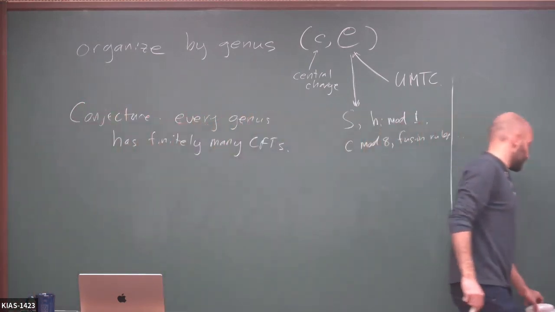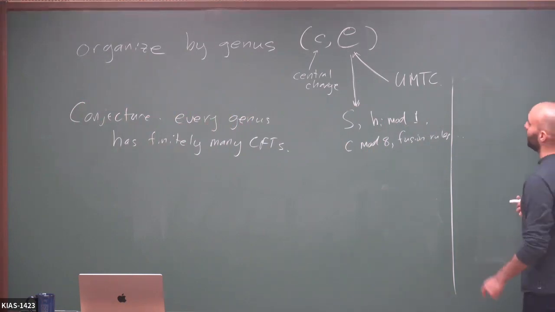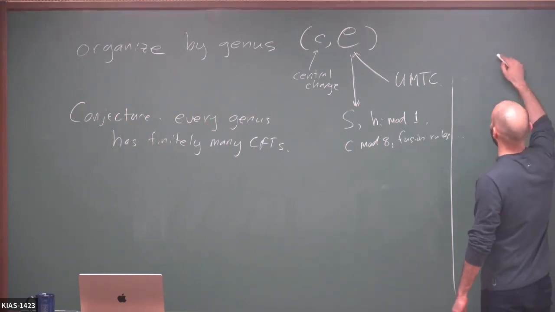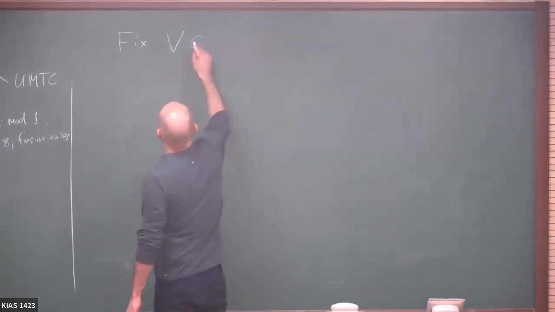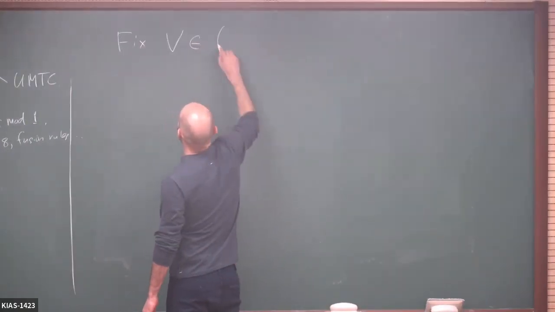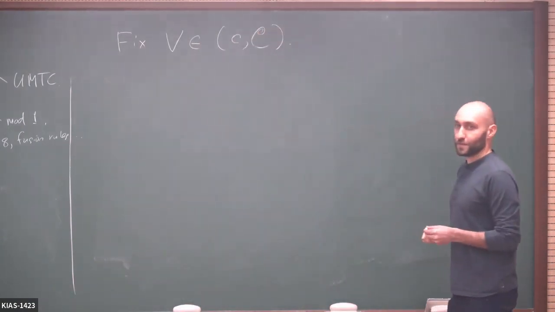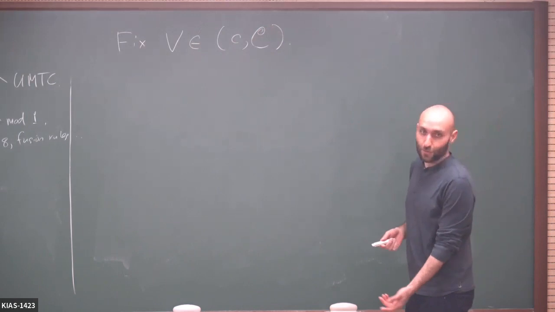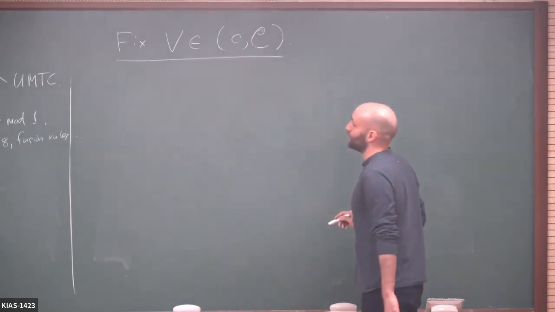So let me describe to you how to classify theories in a given genus under suitable conditions. So this will be the meat of the talk. So fix some seed theory B in some genus. This needs to be given to you by God, but if you have this, then you will be in business.